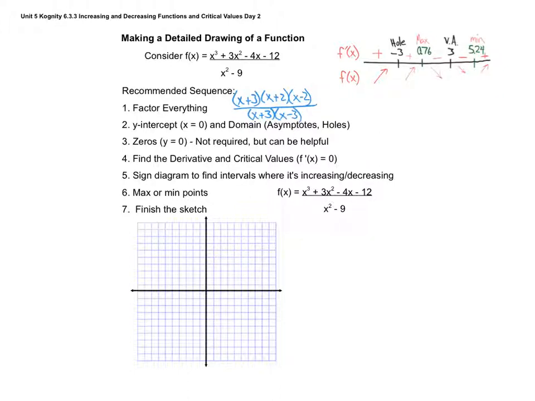Now, secondly, we look for the easy stuff to find. For example, a y-intercept, the domain. What do we have as far as asymptotes or holes? We already recognized that we're going to have a hole at x equals negative 3 and an asymptote when x equals positive 3. We can also identify the y-intercept. The y-intercept is when x is 0. So if we just look at these constants, we can see that the y-intercept is going to be at the point 0, 12/9 or 4/3.